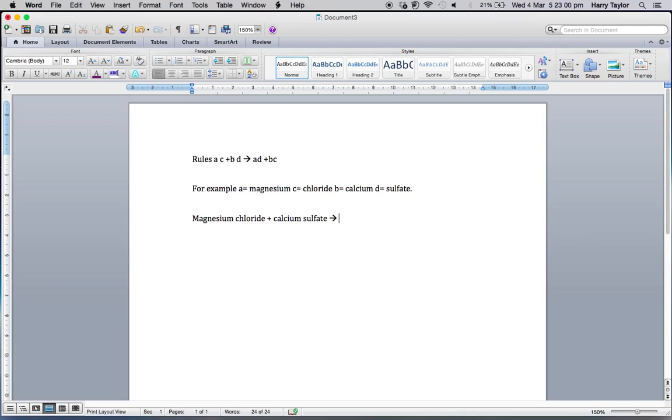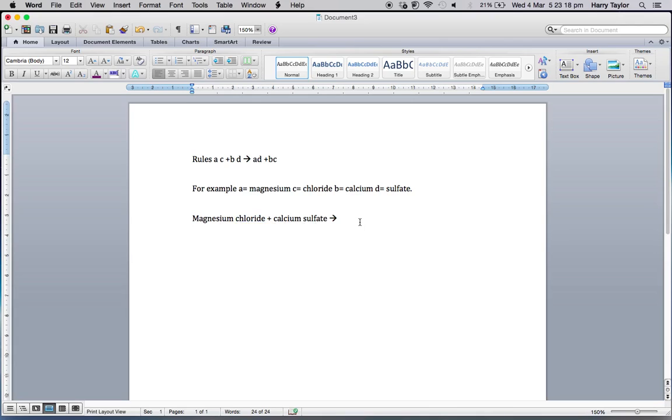Now an arrow means for instead of a plus because that's math. This is science. Now, all you have to do is switch the two last names. So you just switch the chloride here to the calcium side.